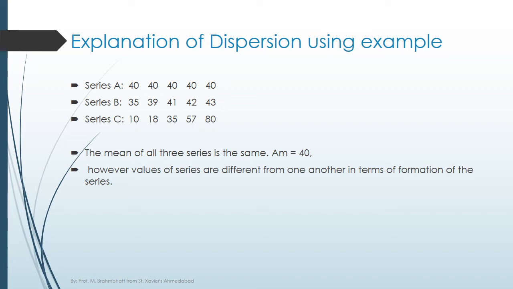However, the values of the series are different from one another in terms of the formation of the series. In the first series, all the values are the same. In the second series, the differences of the values are lower compared to series C.